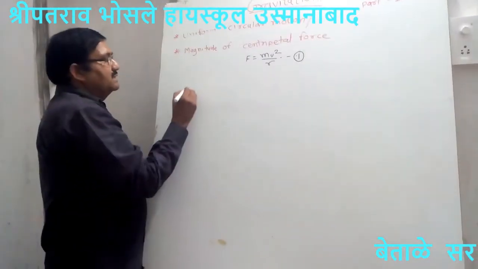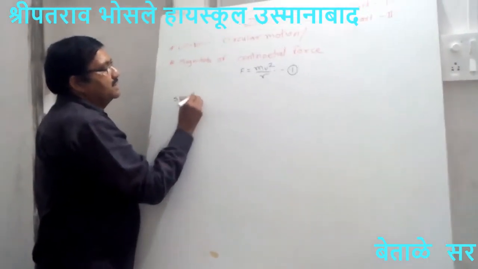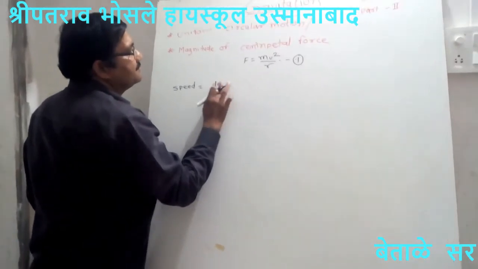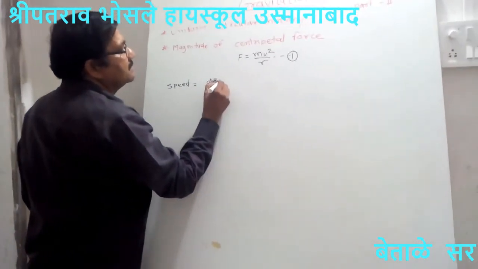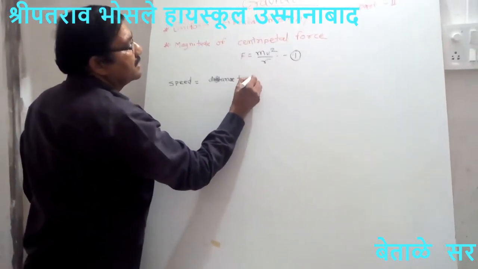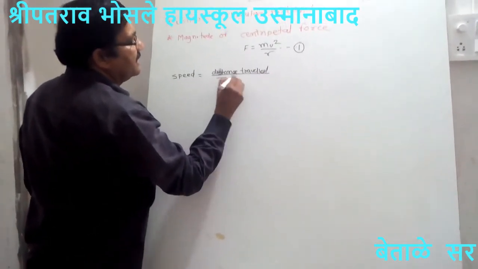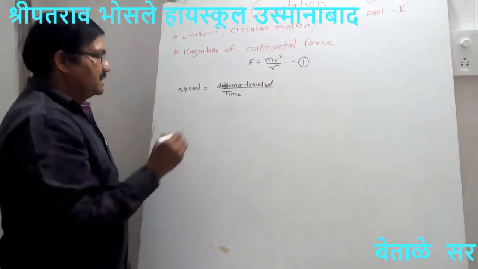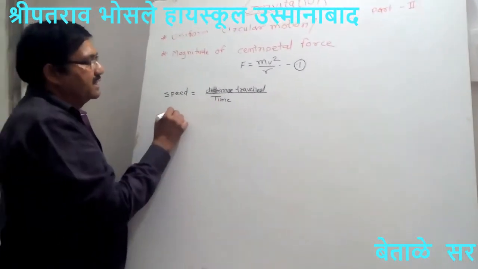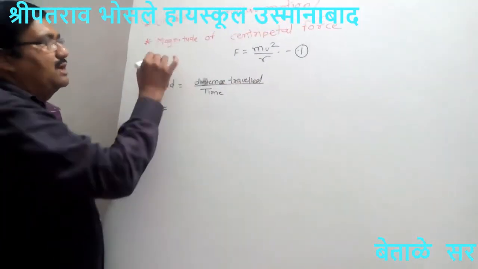In this equation, we know that speed is equal to distance traveled upon total time taken. When this planet revolves around the Sun, the velocity of that planet is equal to distance traveled upon time taken.